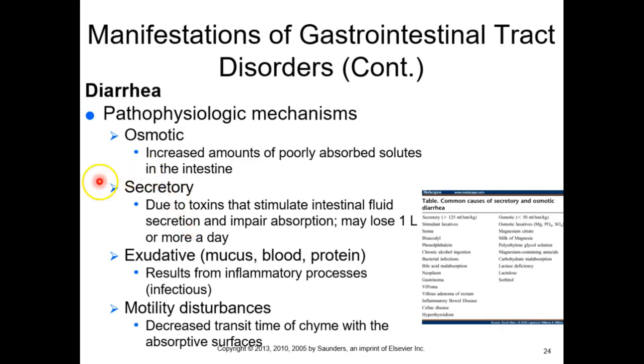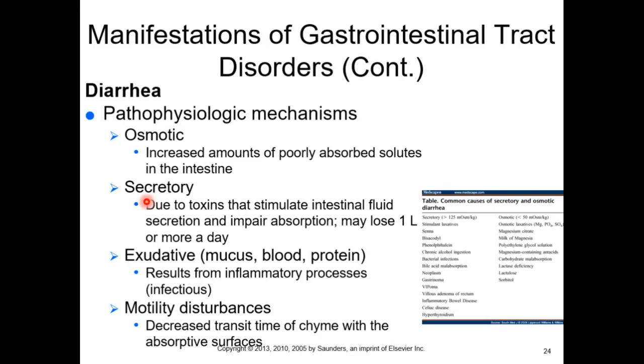Secretory and exudative, there's going to be a bit of a gray area here where if you look at different sources, they'll put different things. So this one's going to be infectious inflammatory. But this one's going to be due to toxins, but a lot of those toxins are going to be from infectious things.